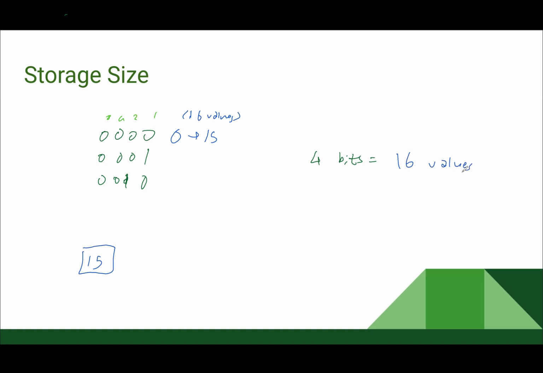What happens when I add another bit? What's 5 bits? How many values can I store now?